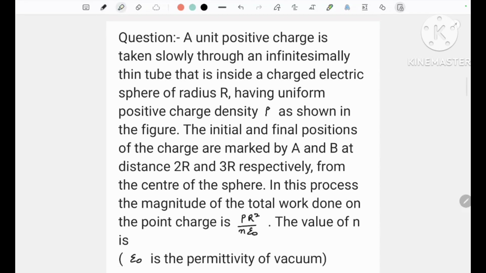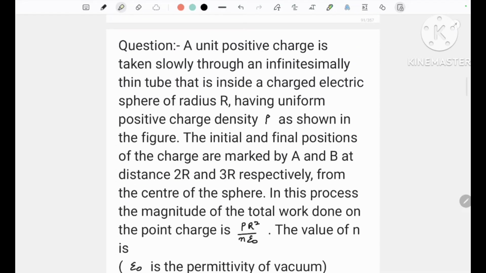Next, a unit positive charge is taken slowly through an infinitesimally thin tube that is inside a charged electric sphere of radius r having uniform positive charge rho as shown in the figure.